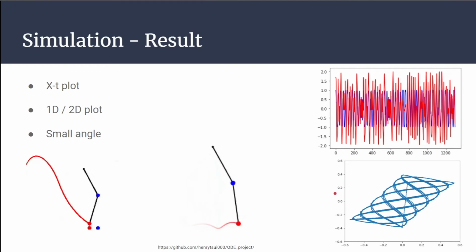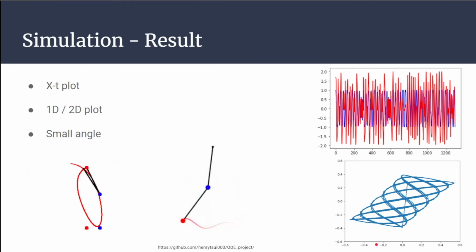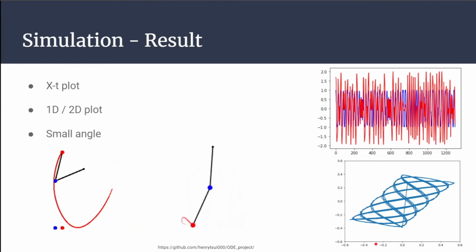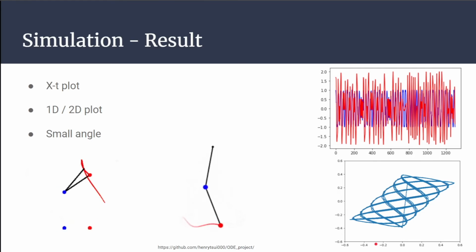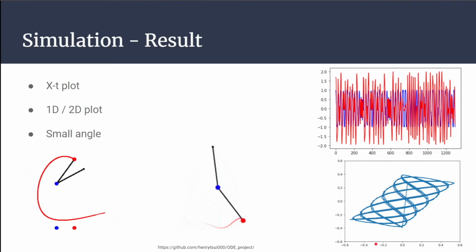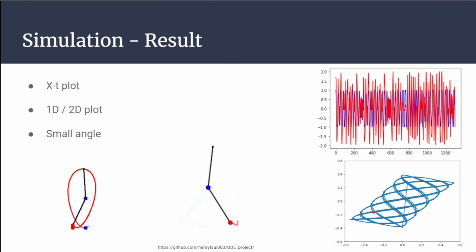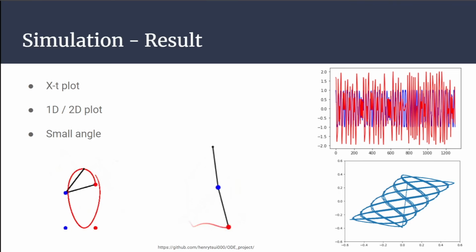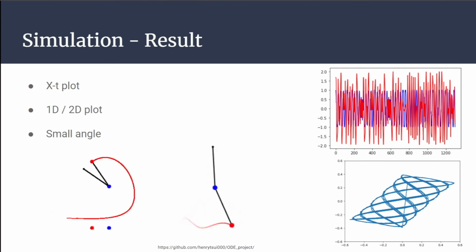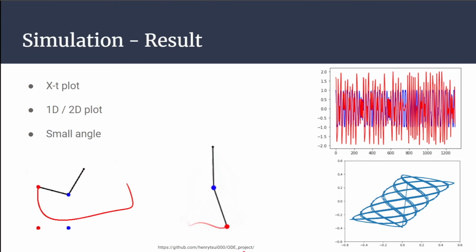The two pictures in the lower right corner are simulations of small angles, and the angles of the two nodes are plotted to get a variation graph, and the path difference can be affected by the angle and the speed of the initial condition. If you want to see more details of the implementation, you can check it out on our GitHub.